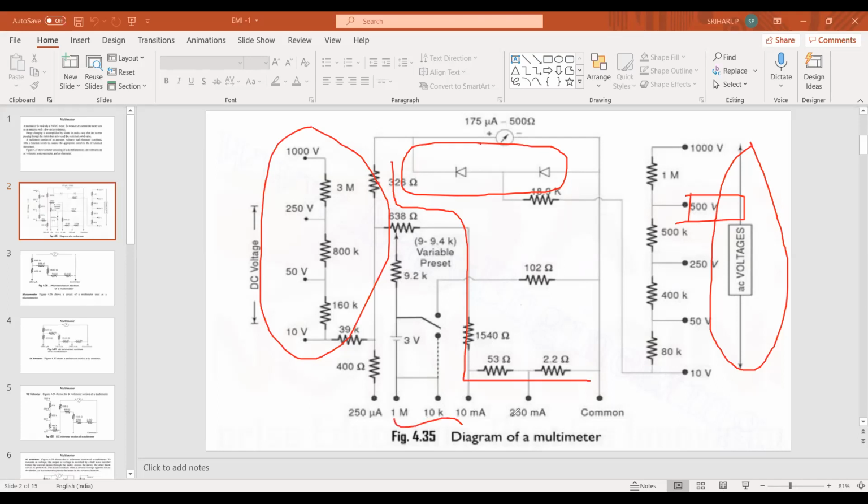This range will give the milliohm range, and this is the microamperes range.